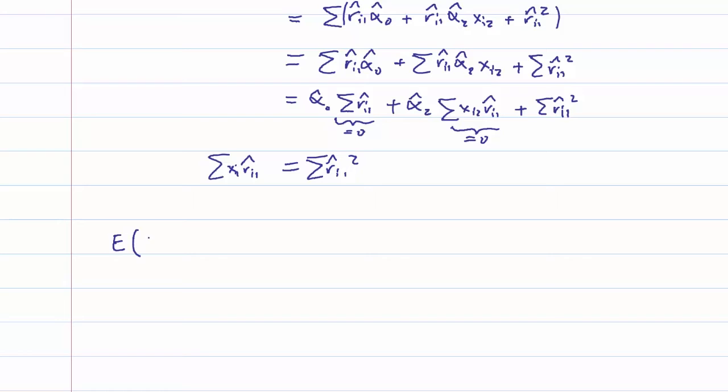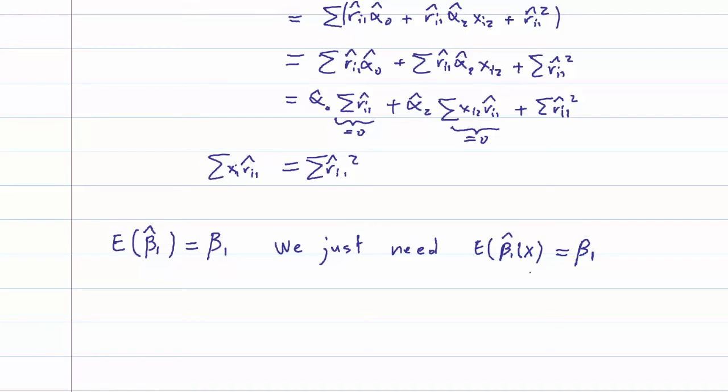To show that the expectation of beta 1 hat is equal to beta 1, which means it is unbiased, we just need the expectation of beta 1 hat conditional on x, so this is the conditional expectation, to be equal to beta 1.